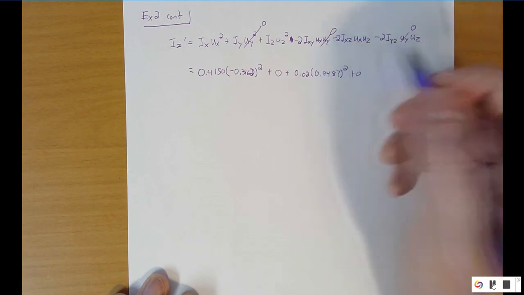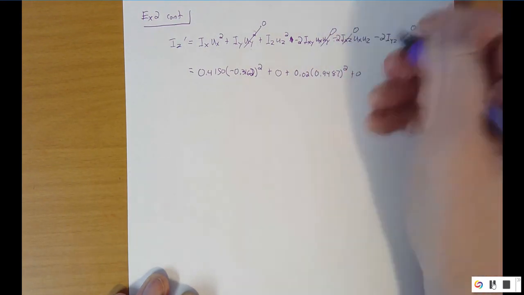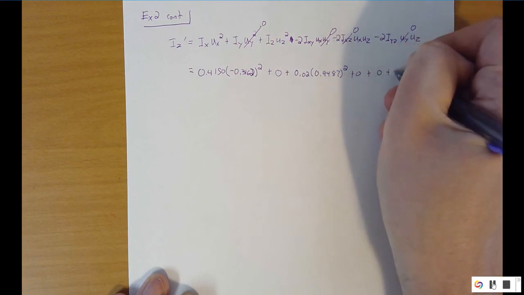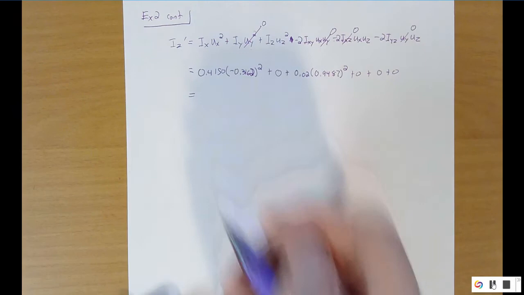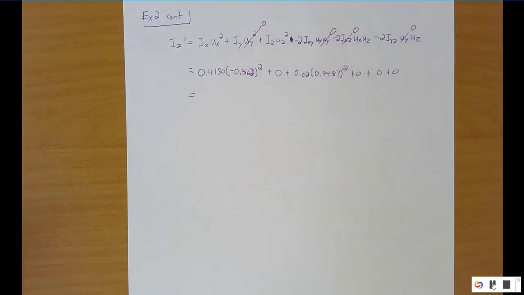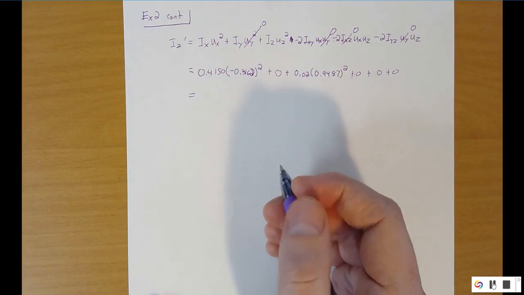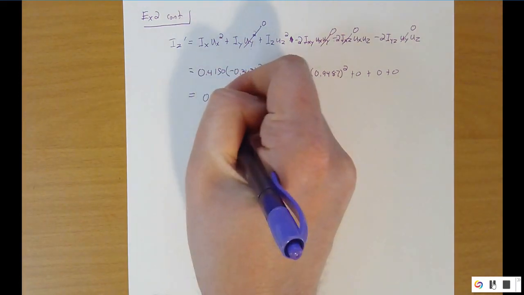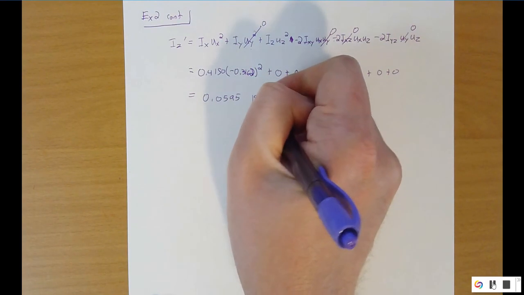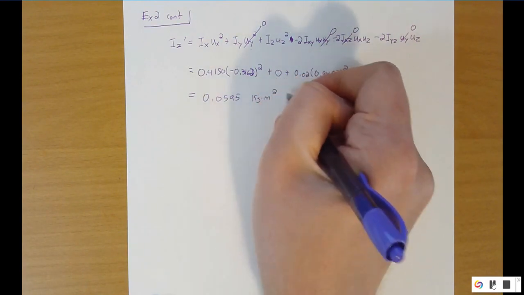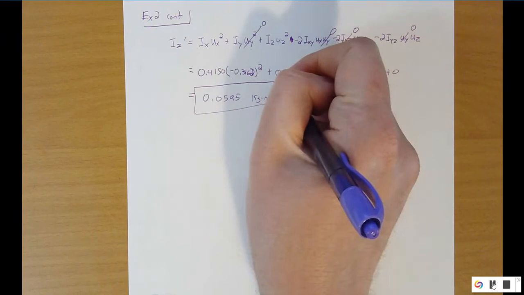So then I just get plus 0, plus 0, plus 0. So I just have those two calculations. You plug that in your calculator, and you should get 0.0595 rounded kilograms meters squared. So that would be your mass moment of inertia about that new axis.